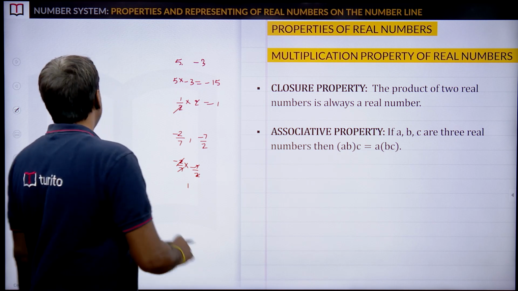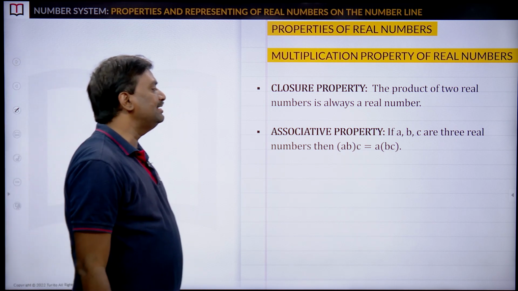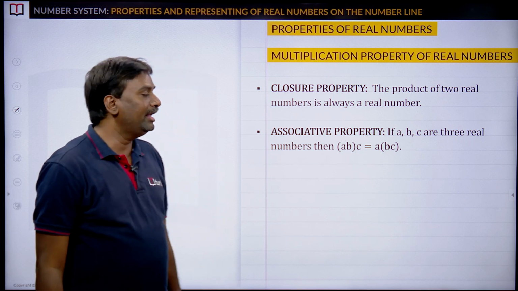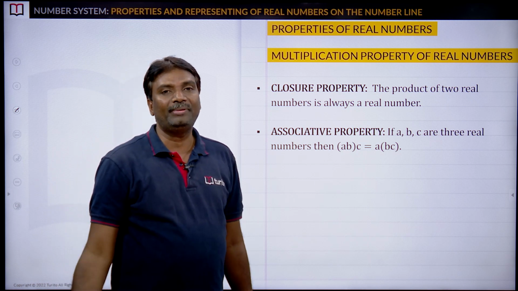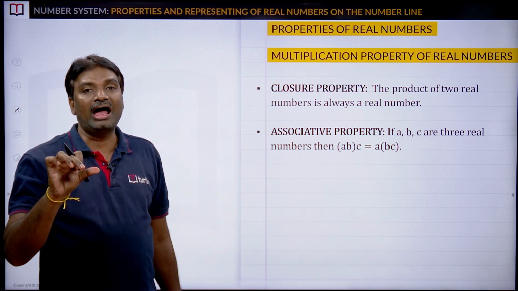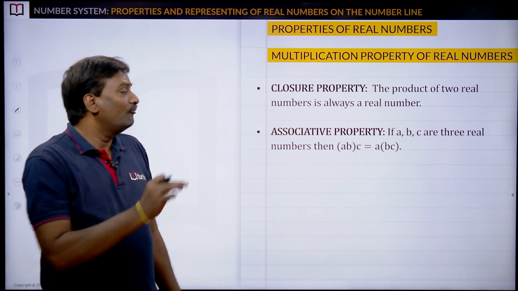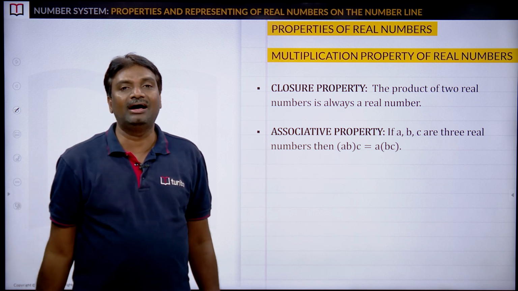Next, the associative property. If A, B, C are any three real numbers, then (A into B) into C equal to A into (B into C). Just like addition, where we added the real numbers, with respect to multiplication we have to multiply the given numbers.